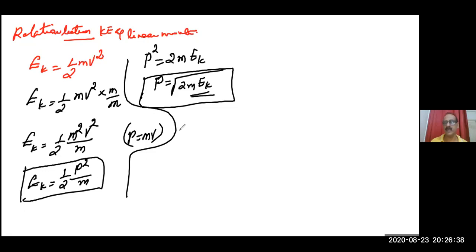Look here, how we are going to solve this problem. A heavy body and a light body have the same kinetic energy.